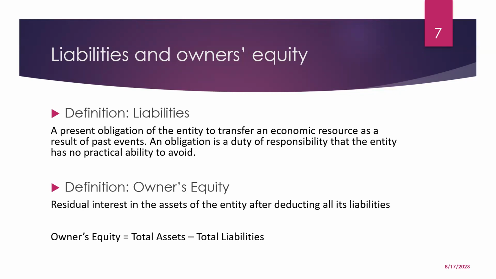And the next one is the owner's equity, the residual interest in the assets of entity after deducting all its liabilities, right? So if you want to calculate the owner's equity, what you can do is deduct the total liabilities.